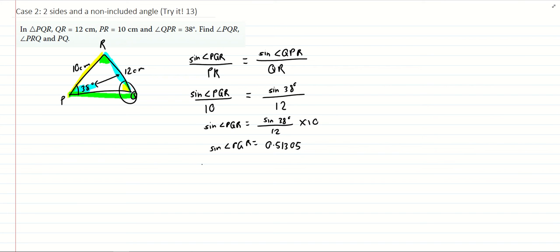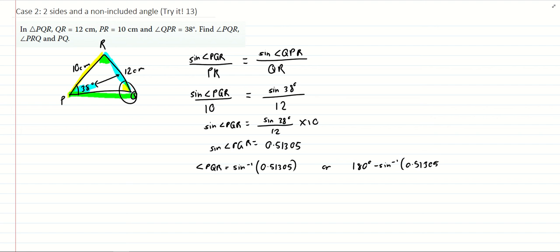So angle PQR, because the sine of an obtuse angle is equal to the sine of the acute angle, equals sine inverse 0.51305 or 180 degrees minus sine inverse 0.51305.